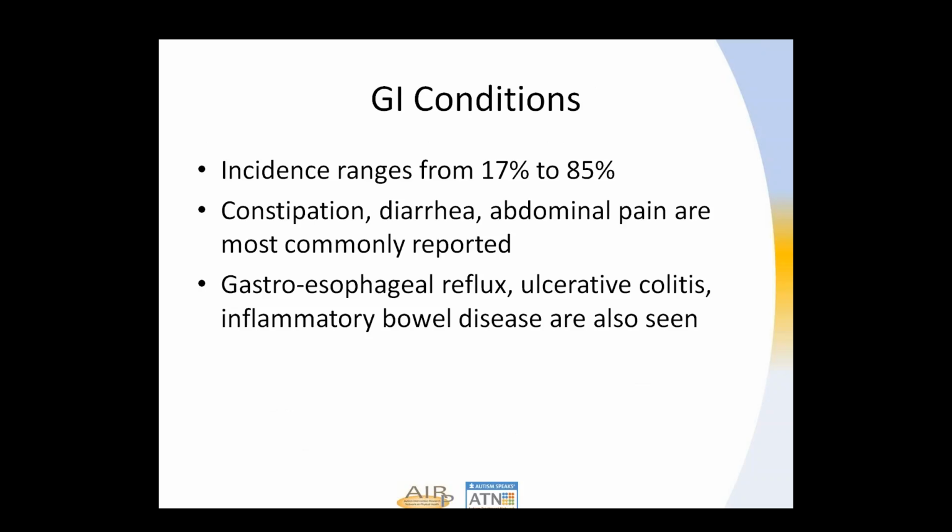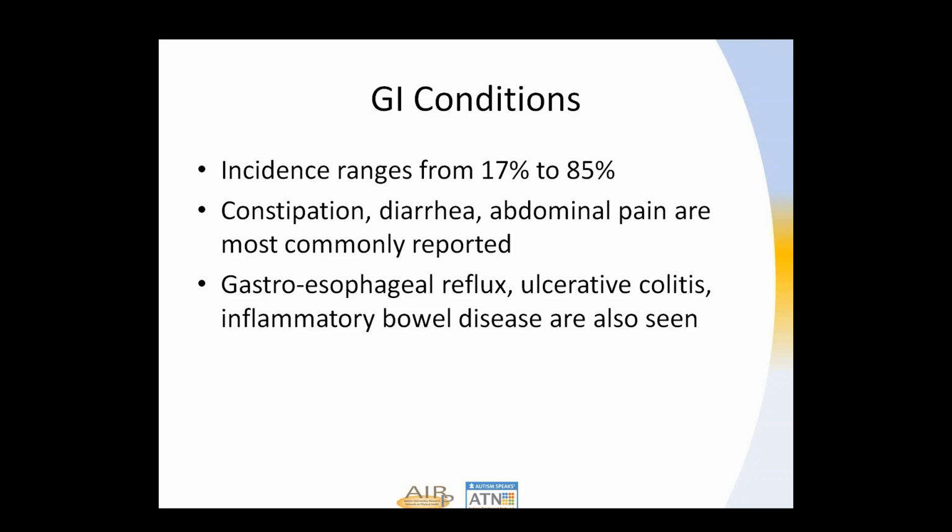So let's start off by talking about GI conditions. In our surveys with families through the Autism Treatment Network and the Autism Intervention Research Network on Physical Health, or AIR-P, we found that GI conditions were one of the top priorities of these families. And in the medical literature, the incidence ranges from about 17% to as high as 85% in some surveys of people with autism having GI problems.